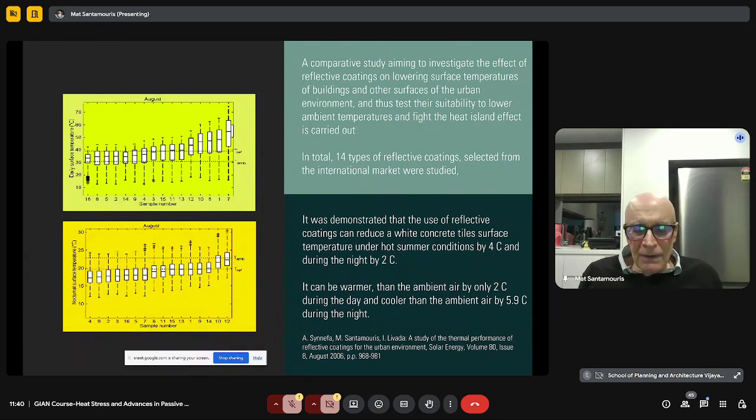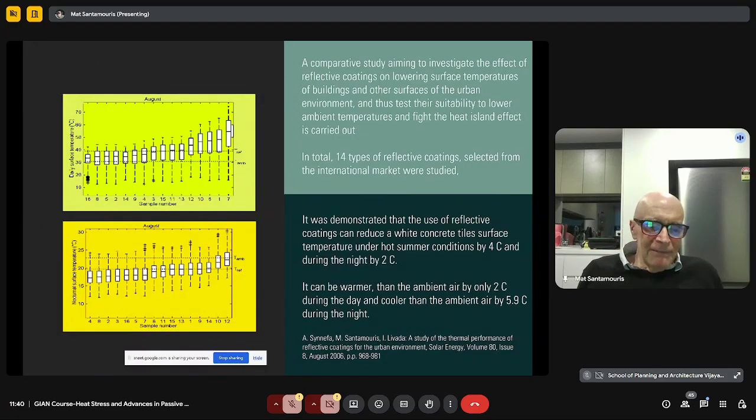Because the military installation has a very low emittance, a very low absorbance, a very high reflectance. So it reflects to your eye or to your thermal camera the radiation coming from the trees around. So instead of watching the military installation, you watch the trees.